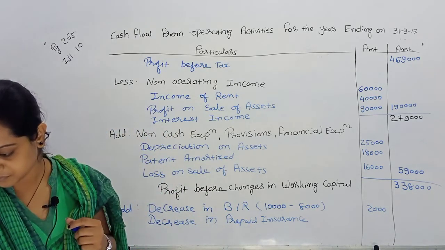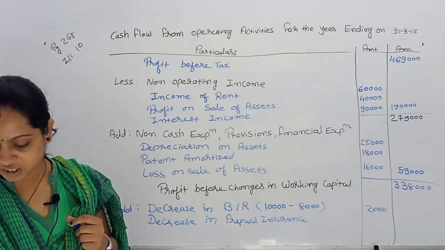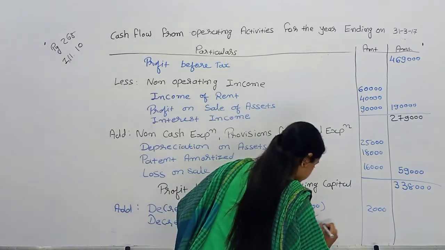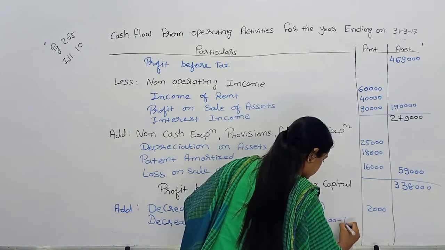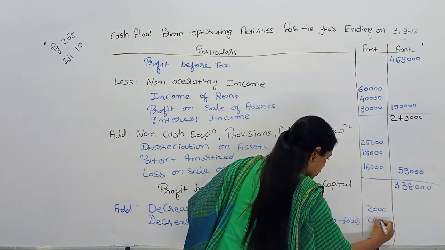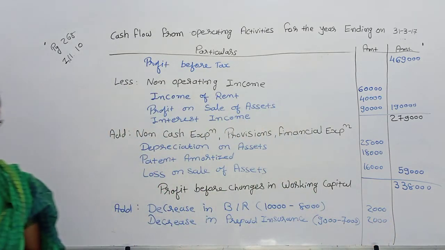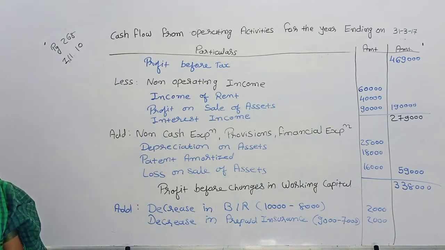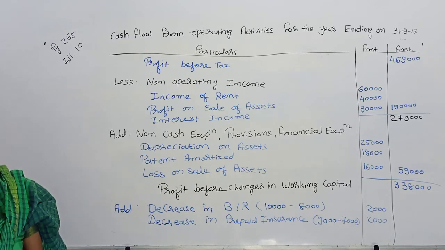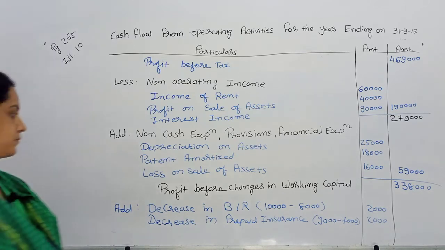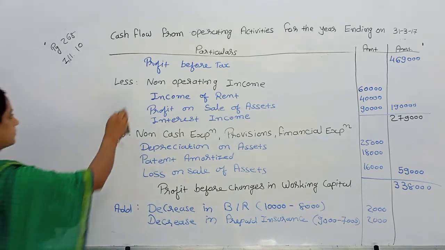Amount was 9,000 in the beginning and 7,000 at the end. Answer is 2,000. Right? Write it down. Complete?